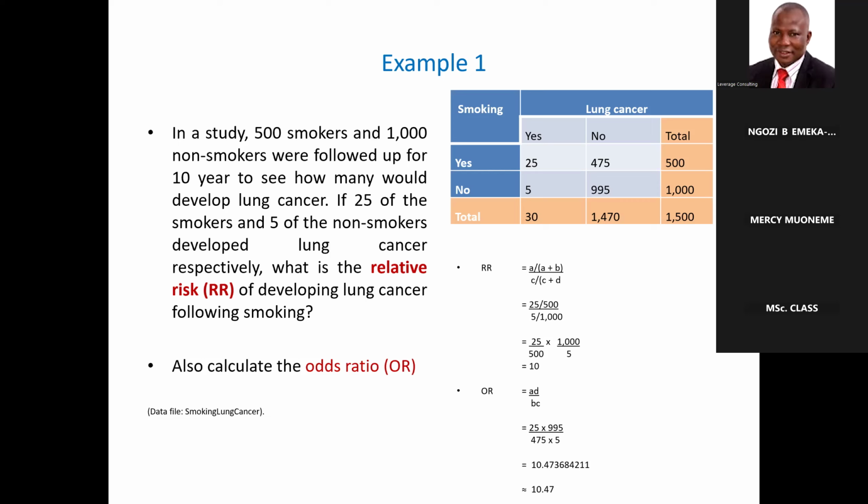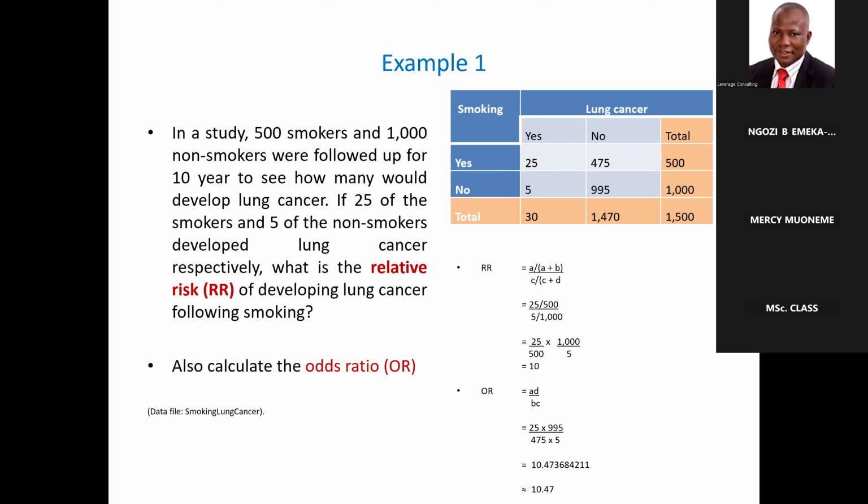For this data, we can calculate the odds ratio also. The computer can calculate it for you, because the figure arrangement is here. But the problem is that if it is a cohort study, where you are looking to the future, it's wrong for you to calculate the odds ratio.